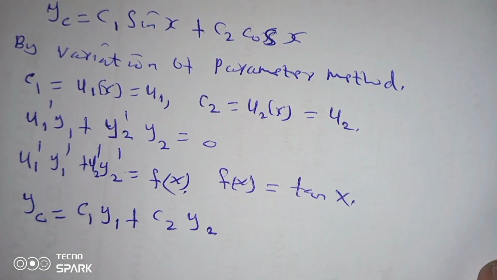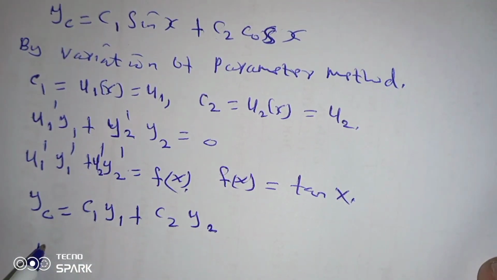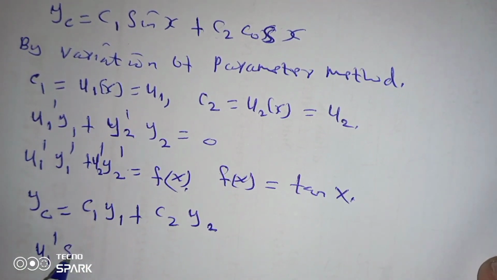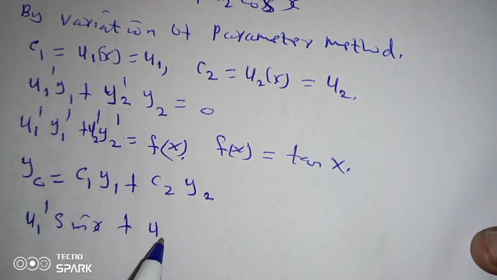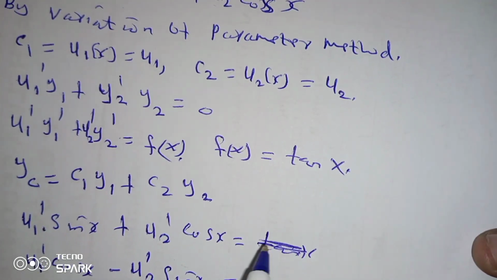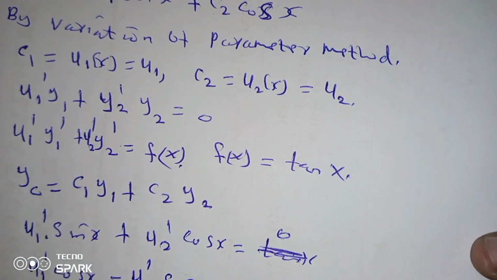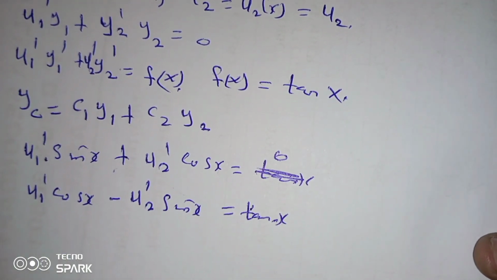Now when we substitute these values here, we are going to have u1 prime sine of x plus u2 prime cos of x. That part here is equal to 0.